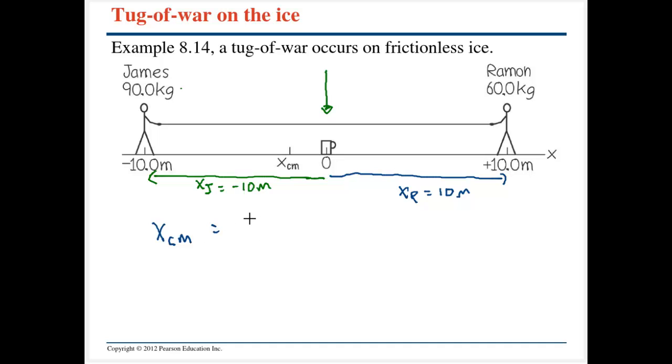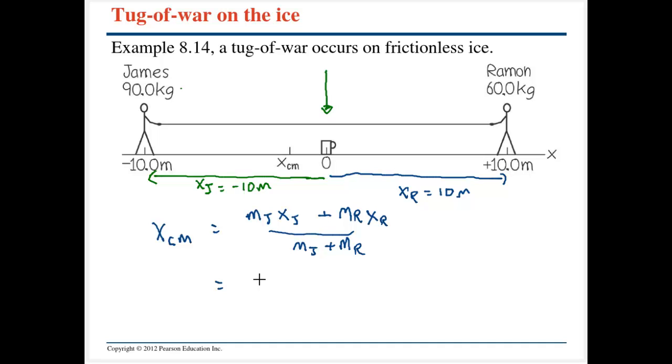I simply say that the position of the center of mass, relative to the coffee cup, mind you, is going to be the mass of James multiplied by the distance of James, plus the mass of Raymond multiplied by the distance of Raymond, divided by the mass of the entire system, James plus Raymond.